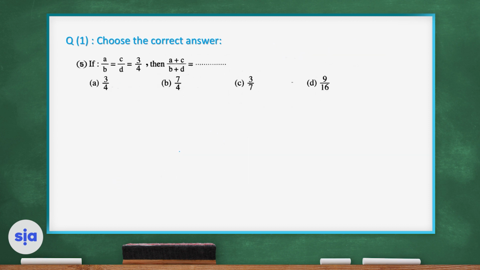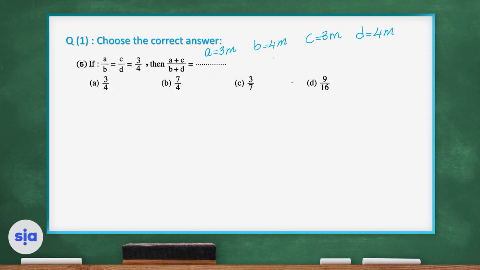For question 5, if A over B equals C over D equals 3 over 4, the question here is asking us to find what is A plus C over B plus D. Here we know that A is 3m, B is 4m, C is 3m, and D is 4m.